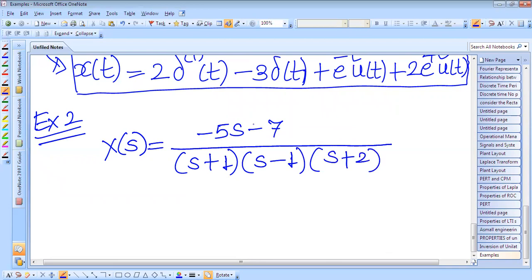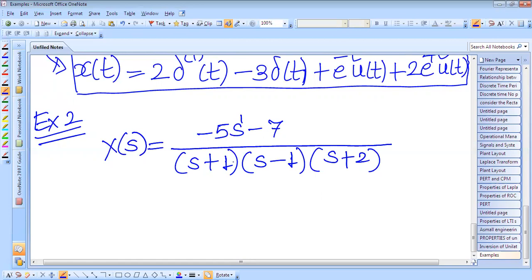Now we have to first check whether this is a proper rational function or an improper rational function. So what is the power of the numerator polynomial? It is 1, the power of s is 1, but here the factors are 3, so we have to multiply first and then find the order.